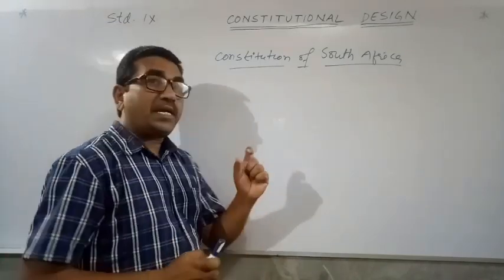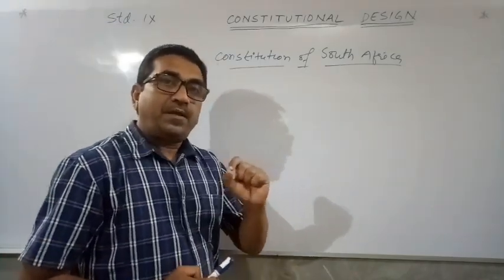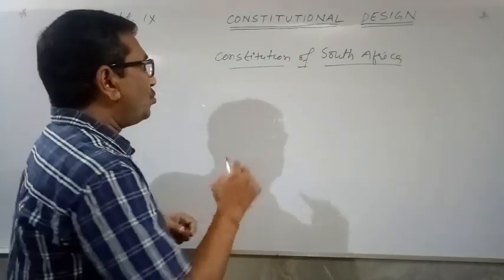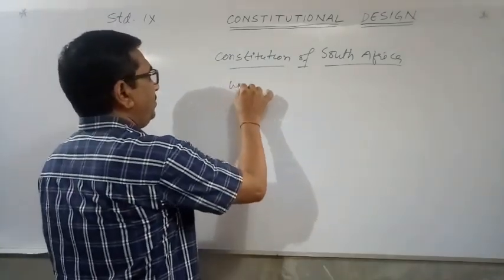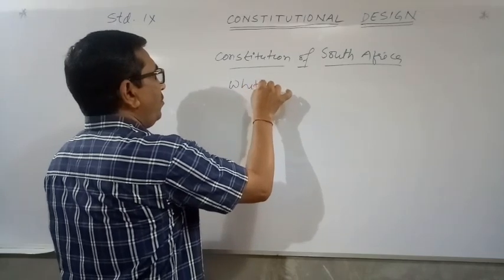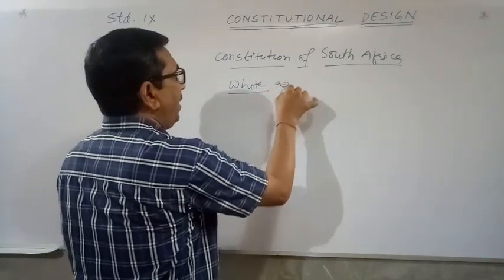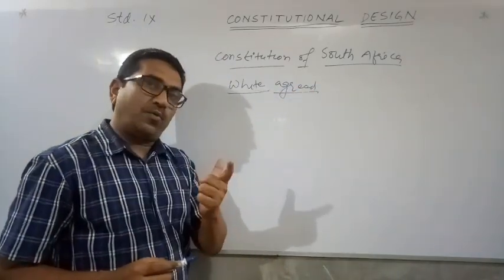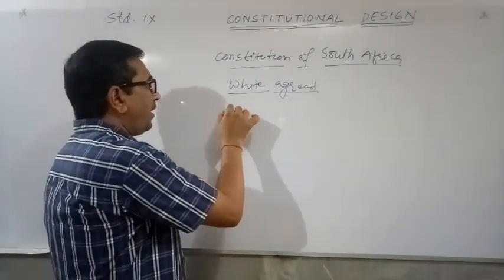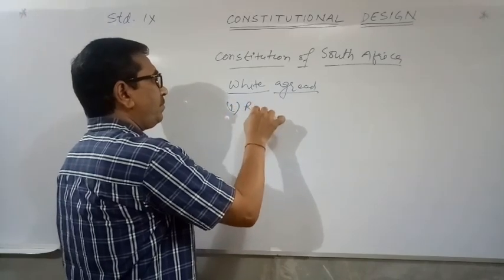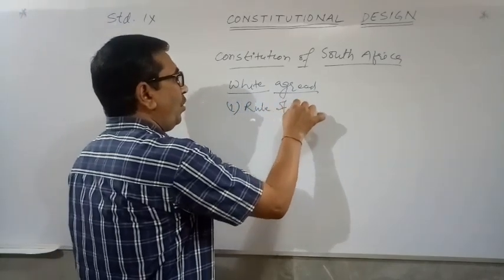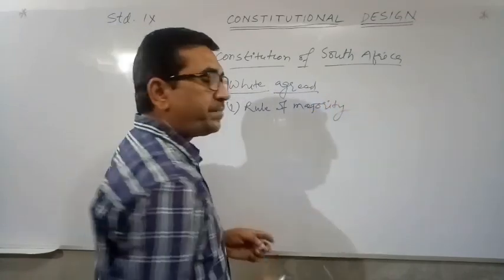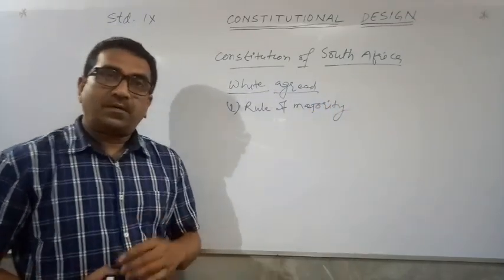It was obvious that the election had taken place and the majority was there, so the whites agreed. What did the whites agree on? They agreed on the rule of majority that had been discussed.